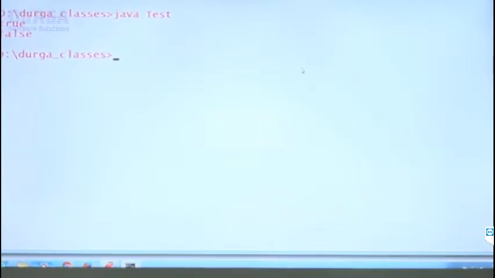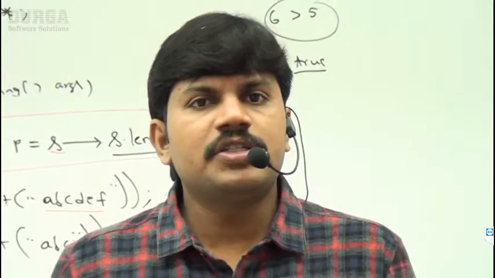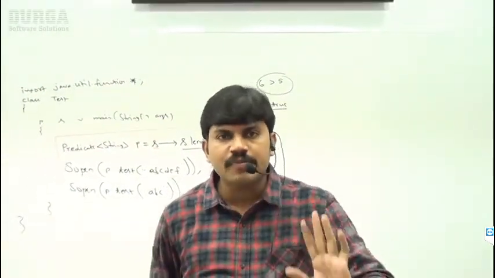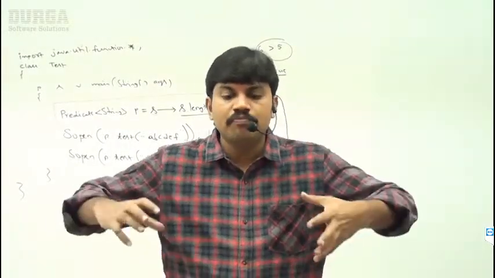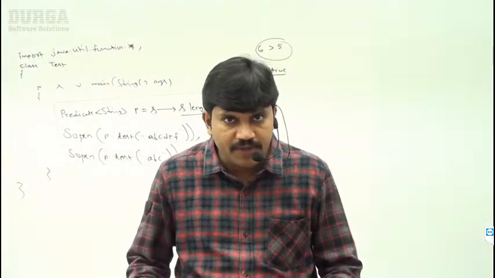In the first case, true is the answer, but in the second case, false. Now it's very clear what predicate is. Predicate is a Boolean valued function in our programming to check a particular condition. To implement conditional checking, we should go for predicate. Clear for all of you?